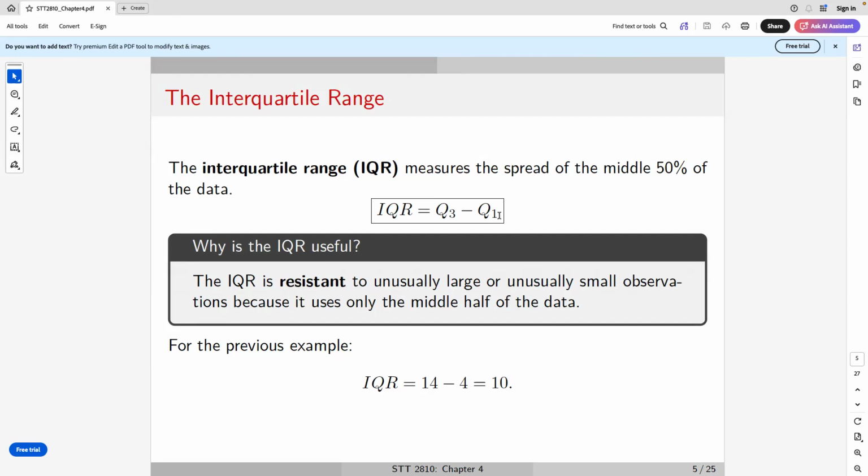Why do we use the IQR to measure the spread where the distributions are skewed? The reason is that the IQR is resistant to outliers. So outliers don't impact the IQR as much as they can impact the standard deviation.